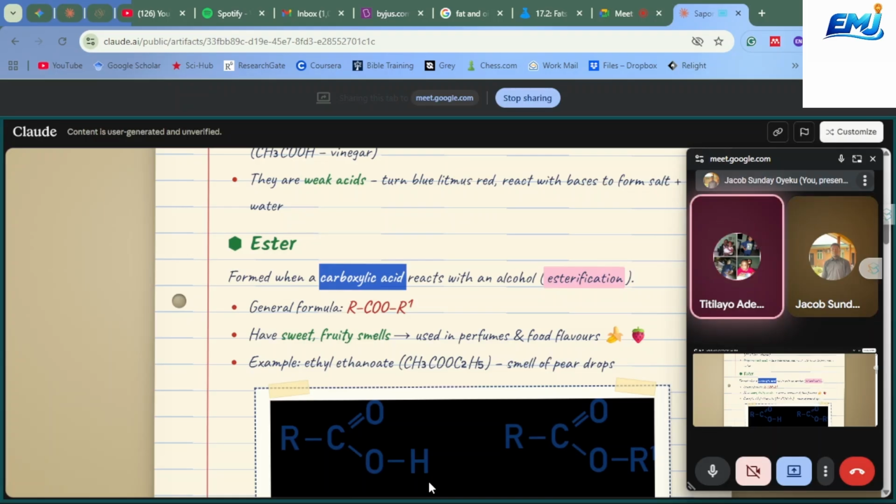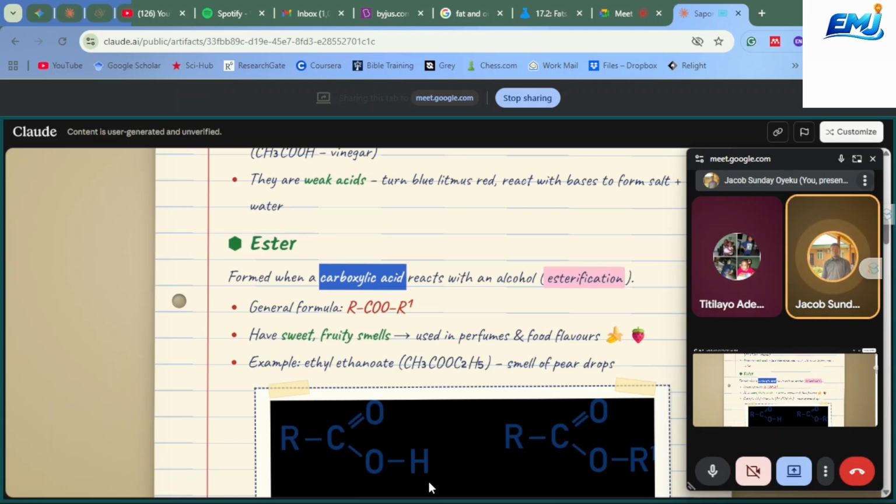COOH, which is a carboxylic acid. That's very correct. So for this formula to be true of an ester, R1 cannot be H, because if it is H, it will be a carboxylic acid. So R1 can only be an alkyl group.